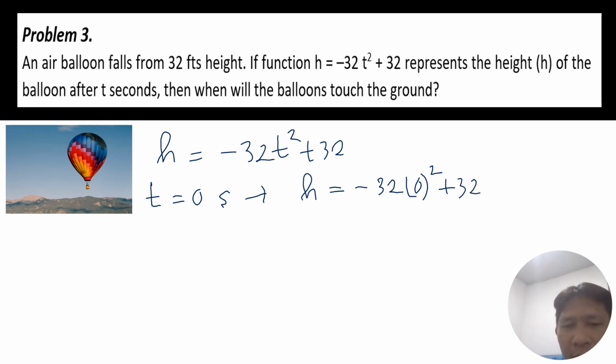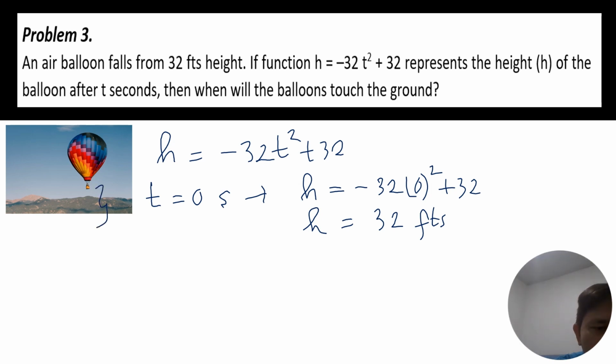Then here we have the height equals 32 feet. What does it mean? It means before the time runs, the air balloon is already flying above the ground by 32 feet height. So this is the picture. Okay, so I can say this is t equals 0.